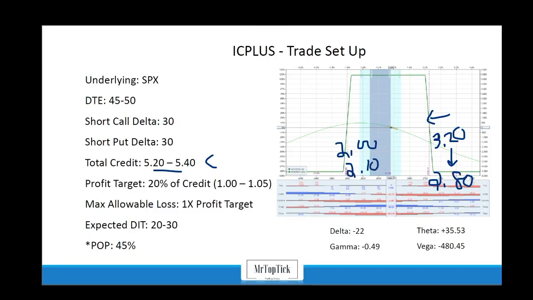Right, so we're getting about 40 cents here, and we're losing about 10 cents here. We're still at a net profit. But if that happens in the first 5 days, that's a good exit.